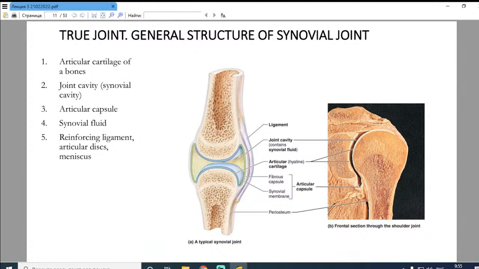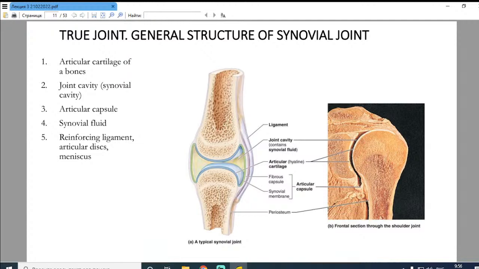A synovial joint includes articular cartilage of bones, joint cavity, synovial cavity, articular capsule, synovial fluid, a reinforcing ligament, articular discs, and meniscus. What you see, frontal section through the shoulder joint.